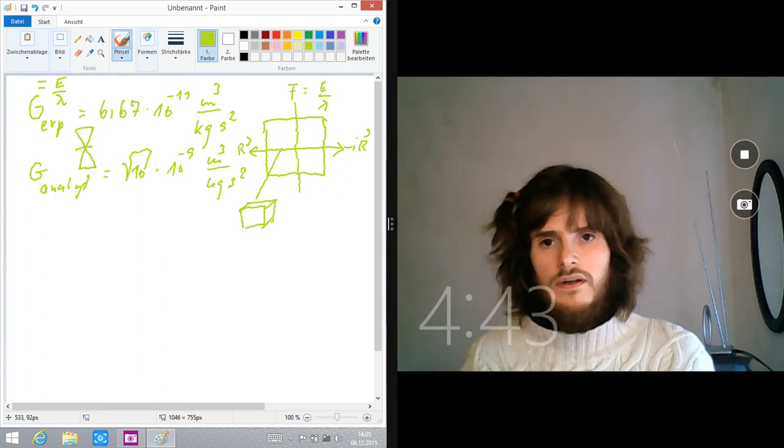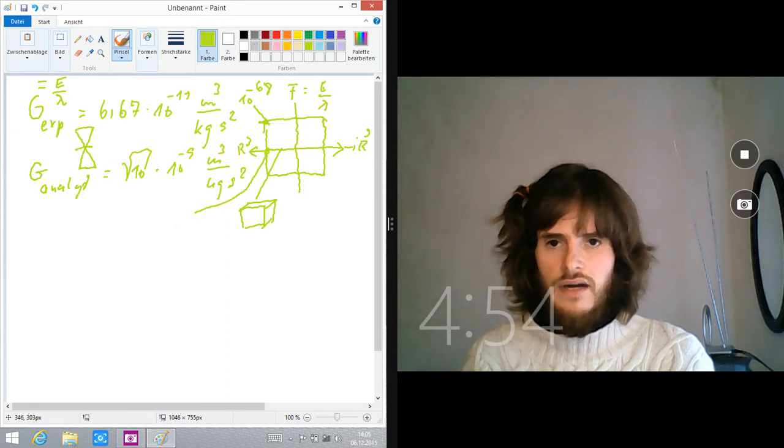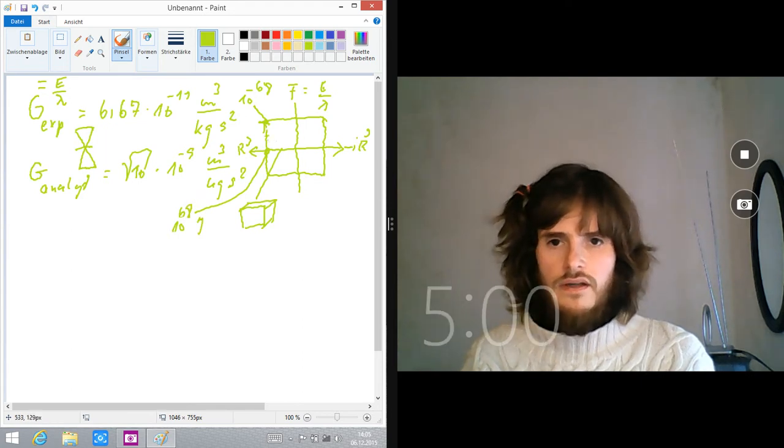Or here, the vertical point is the lowest energy state of the microcosm. This is the energy state for the highest energy state, 10 to 68 joules. Between both are all other energy states.